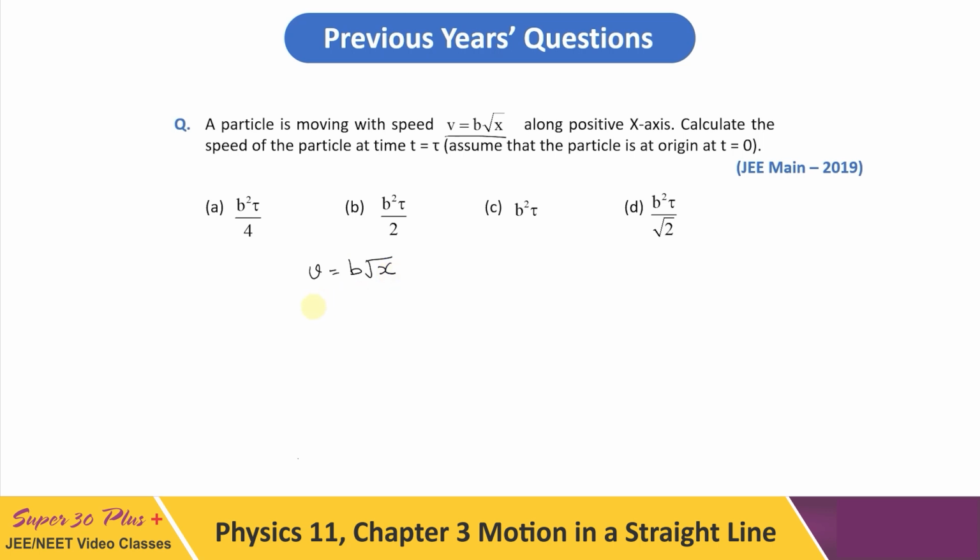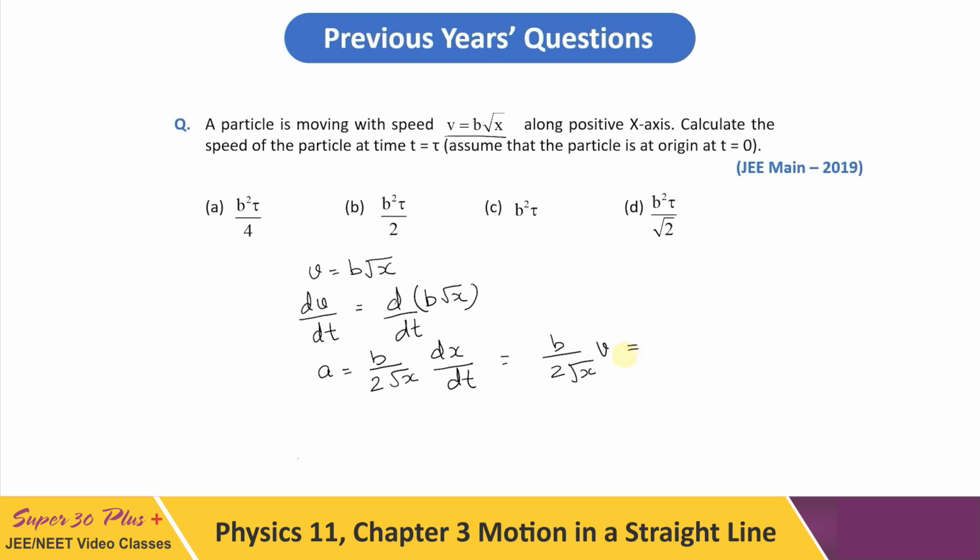If v is given b root x, so we can write dv by dt as d by dt of b root x. So acceleration will be a is equal to b upon 2 root x dx by dt, or it can be written as b upon 2 root x v.